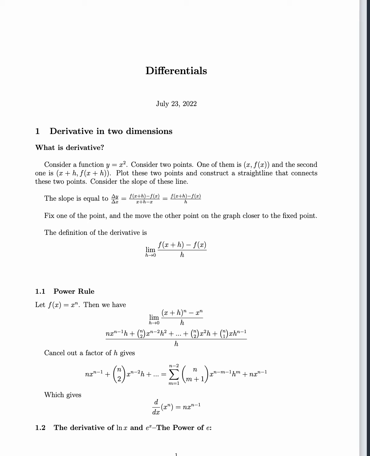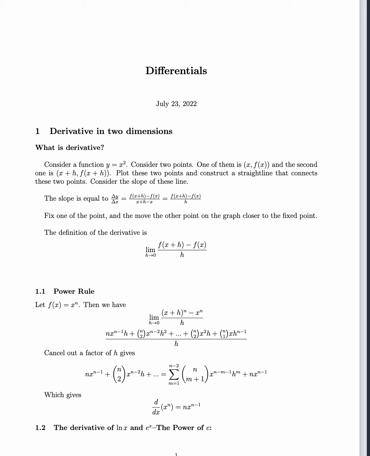First, we want to write the derivative as a limit using the definition of the derivative, which is equal to the limit as h approaches 0 of ln of x plus h minus ln of x, and the entire thing divided by h.